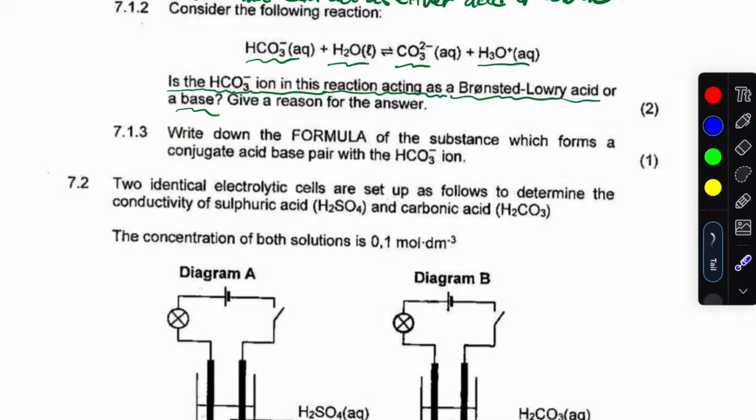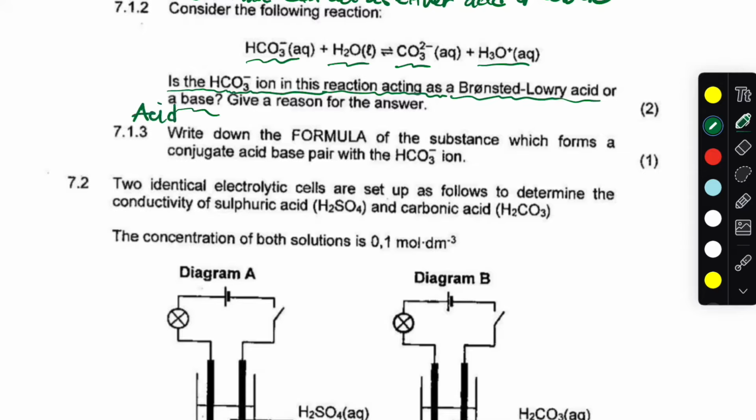If you check, here it's a hydrogen carbonate ion. Now it's a carbonate ion. That means it has lost a proton. So if it has lost a proton, that means it has donated a proton. That means it acts as a what? As an acid. So the answer here is acid. It's a Bronsted-Lowry acid.